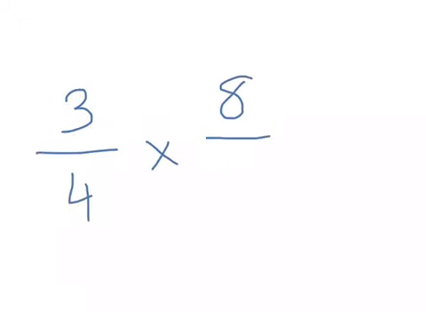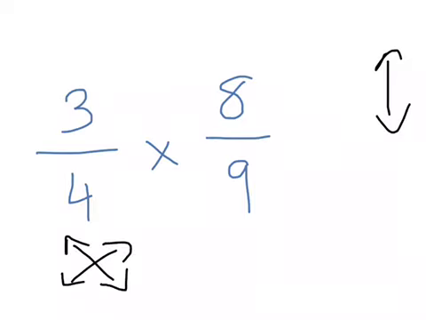Say we have 3 over 4 multiplied by 8 over 9. Let's have a look. Can I simplify anything this way, top and bottom? No, there's nothing that goes into the denominators and numerators vertically. What about diagonally?